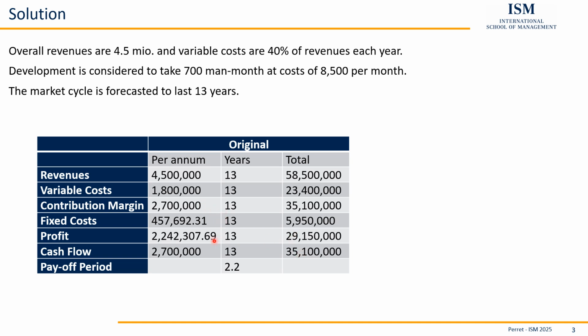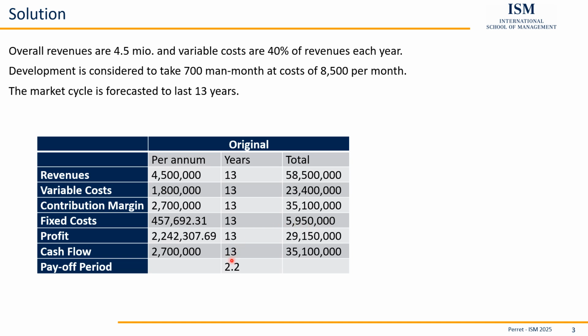So with this information, it's quite easy and straightforward to calculate the payoff periods, because that's the money I get every year. That's something like a theoretical debt position. So to pay off the full development costs, I have to simply divide them by the cash flows, and I get how many years I need to fully erase them.